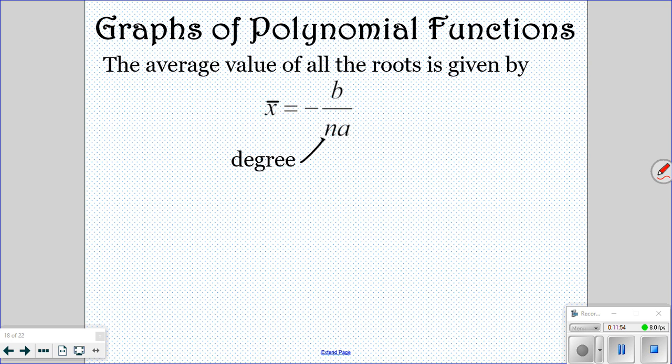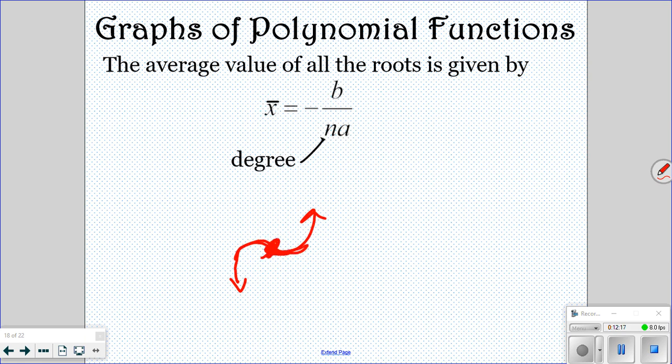So for a quadratic, it's the value of your vertex. For a cubic, it's the value of your inflection point, which we'll get into more later, but I'm going to graph. This is going to be your inflection point, where it changes from going down to starting to go back up.